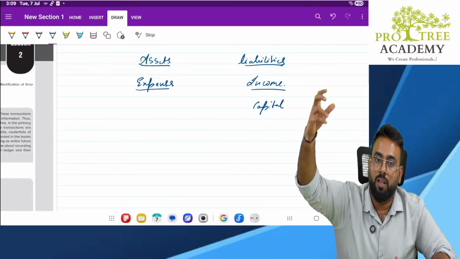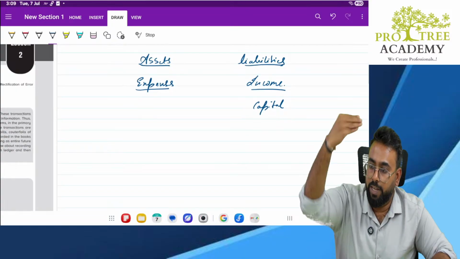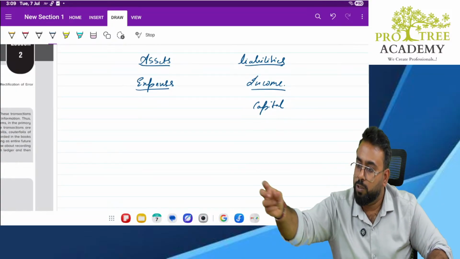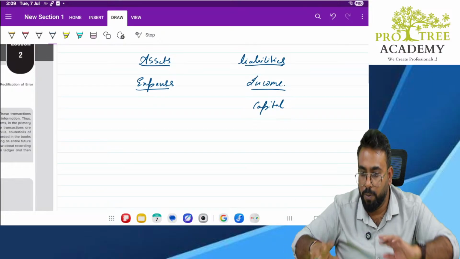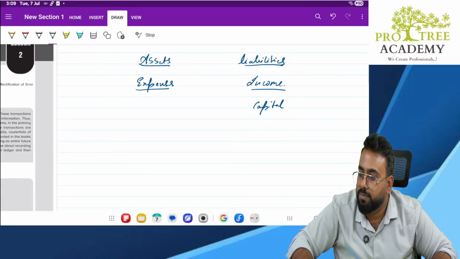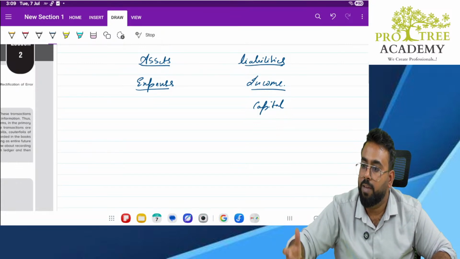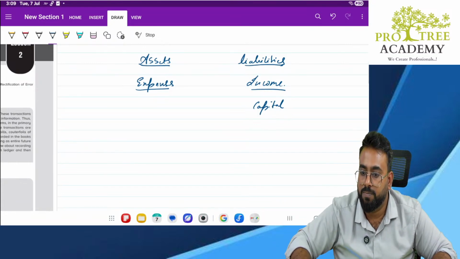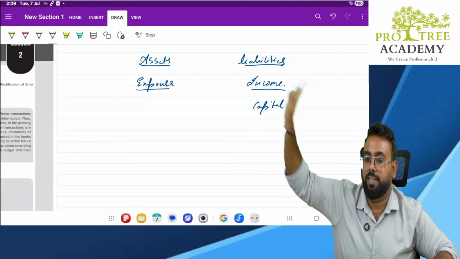Say I started a business and I contribute money to the business. It is also inflow of economic benefit, no? Because look from the perspective of business: the business is getting the money from the owner. Correct? It is also inflow of economic benefit, because the business is getting cash. They want to keep this outside.